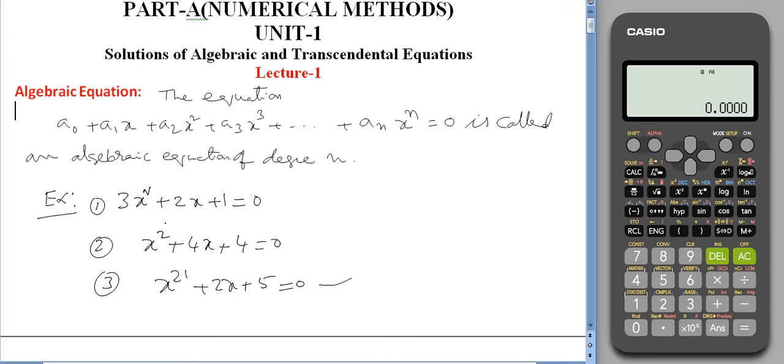If you observe, the first equation is an algebraic equation of degree 2, nothing but a quadratic equation. The second one is also a quadratic equation. The third one is an algebraic equation of degree 21.